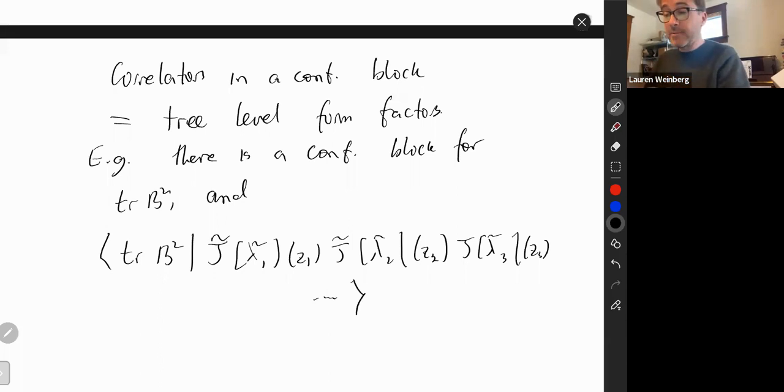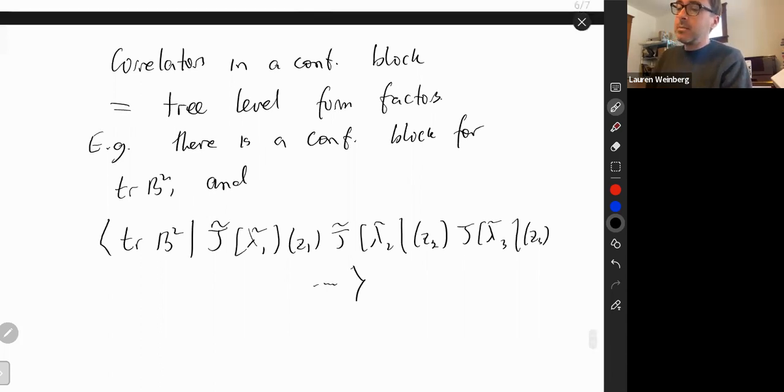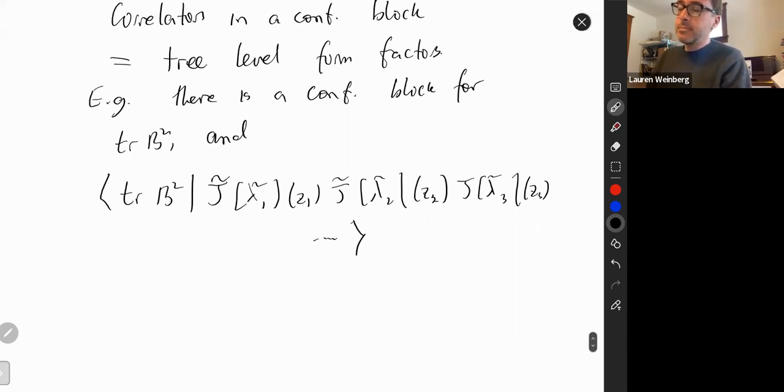And I take the correlation functions in this chiral algebra. There's some method to figure out what the 2-point correlation function is, and the rest are determined by the OPE singularities. And this is equal to the Parke-Taylor formula.